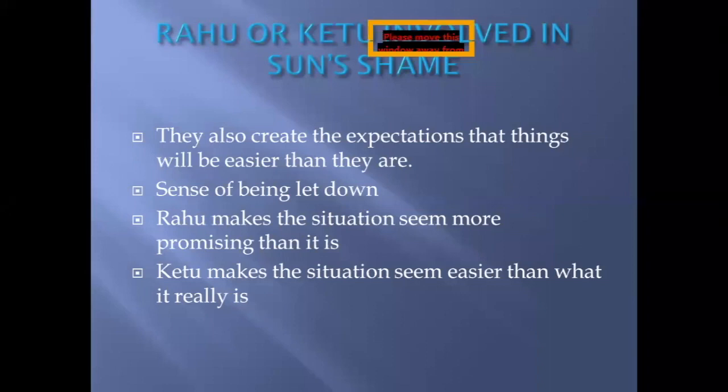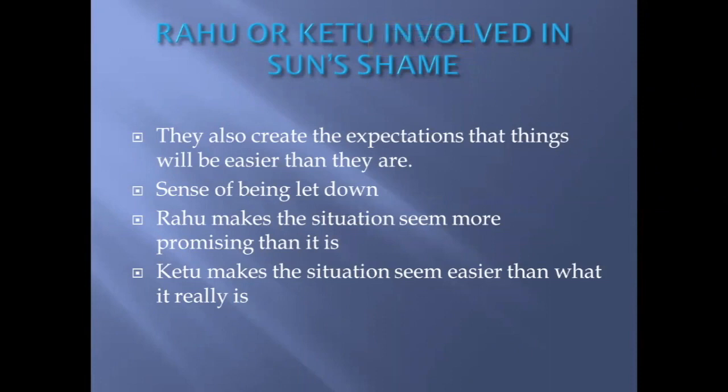Now, what happens when Rahu or Ketu are involved in the Sun's shame? Again, this could happen in any house. It doesn't have to be the 5th house. Rahu and Ketu will create this expectation that things will be easier than they are. And there will be a sense of being let down.